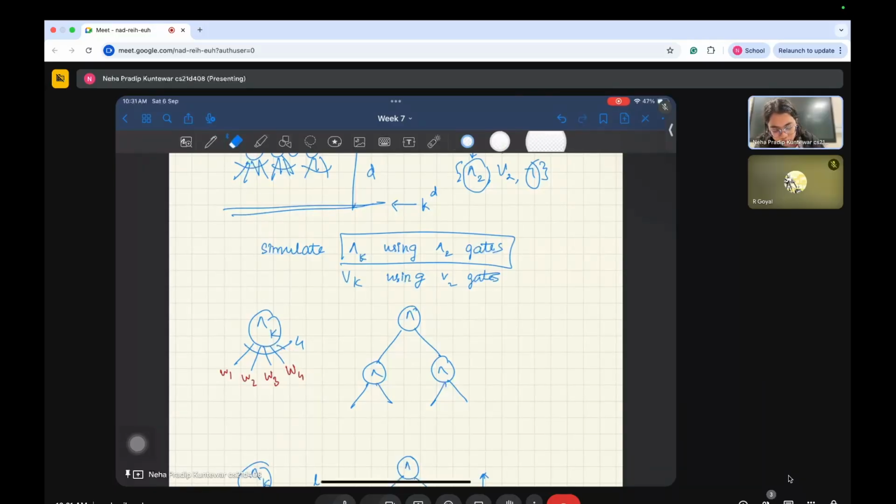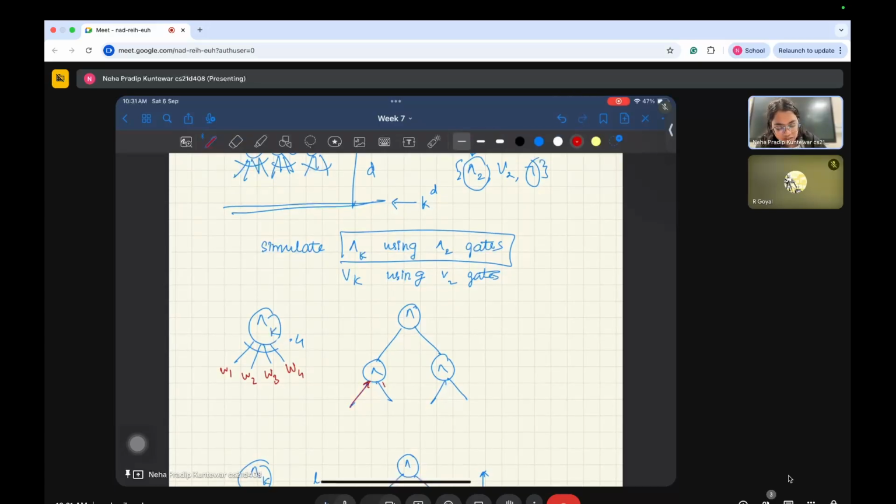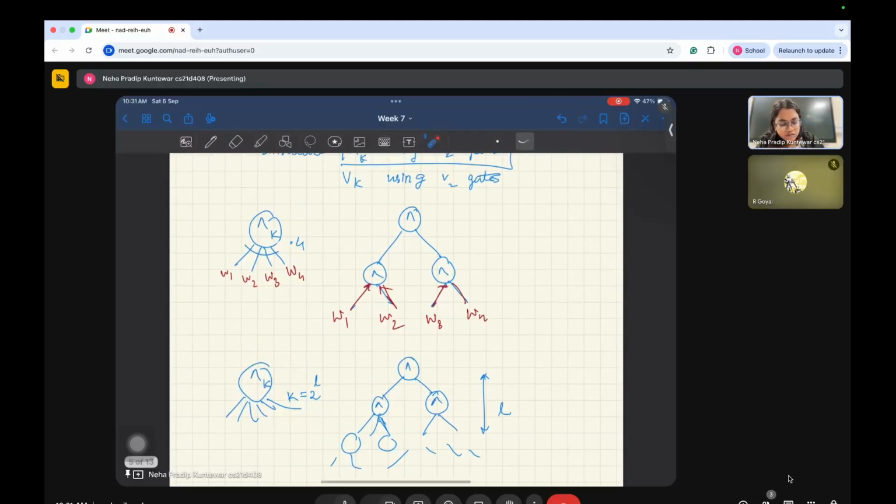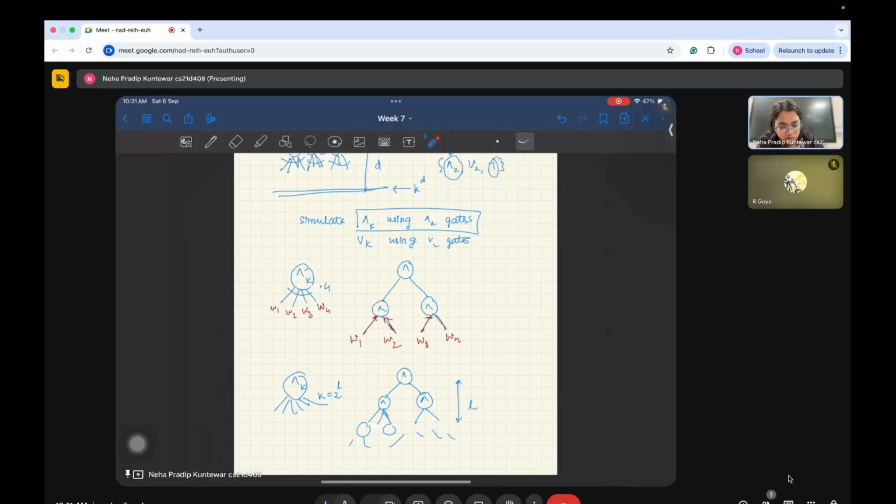These are the wires at the last level. The extra wires are ones we added in the tree. This is what we did for the root gate.